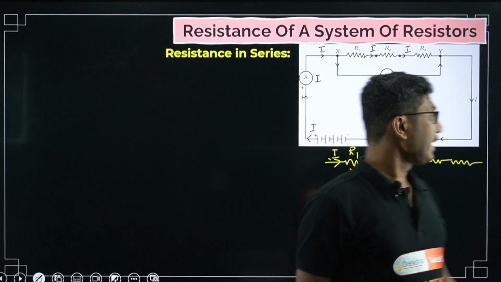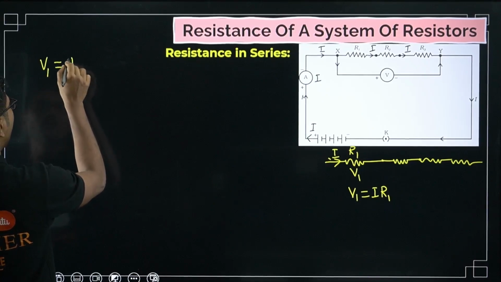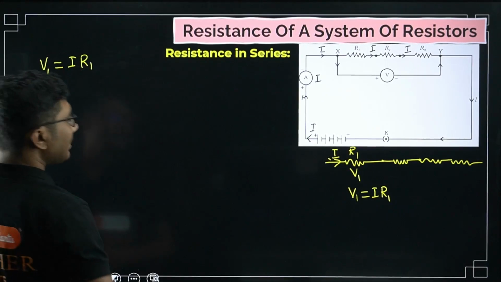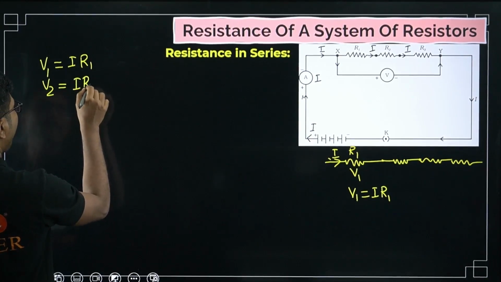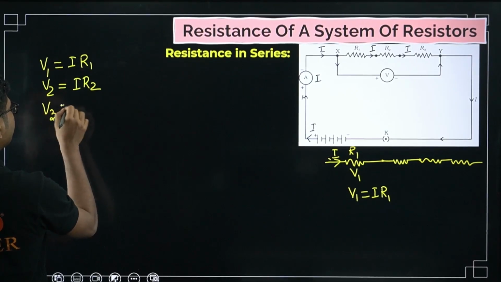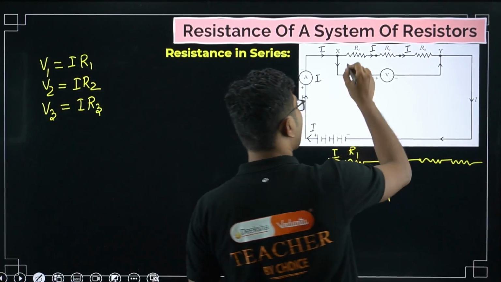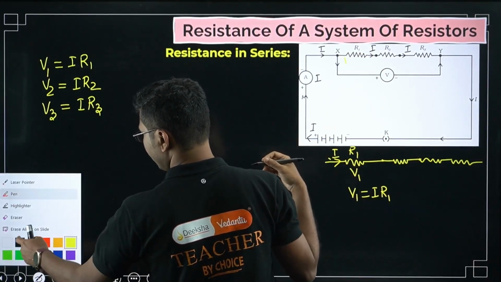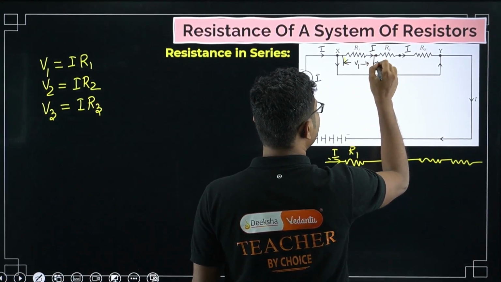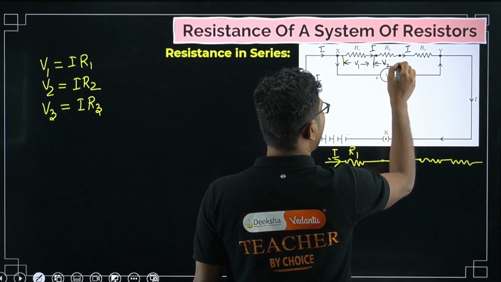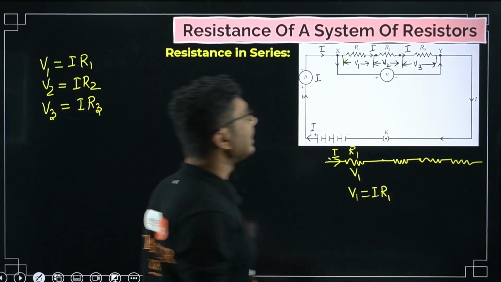So voltage across R1 is V1 equals I R1. Similarly, voltage across R2, say V2, equals I R2, and voltage across R3, V3, equals I R3. So these are the individual voltages across these resistors: V1, V2, and V3.